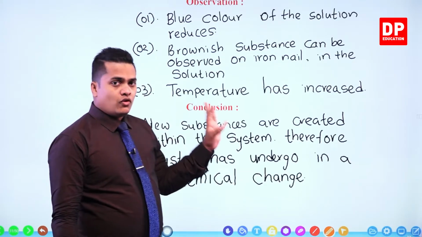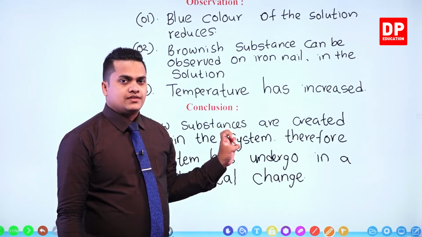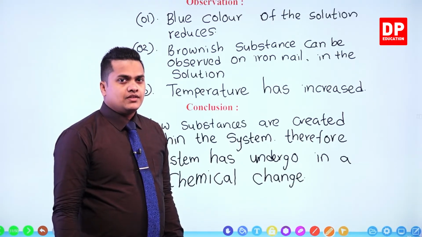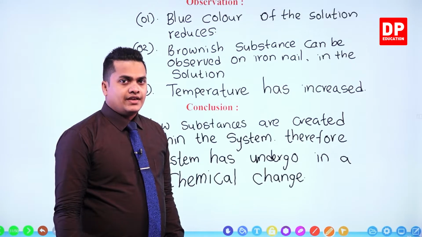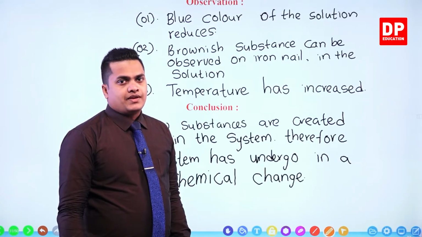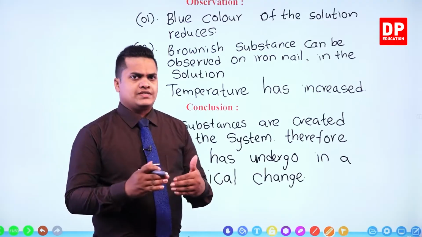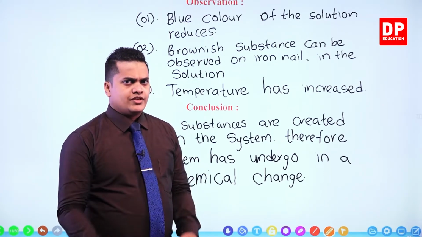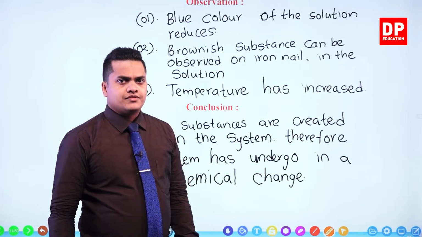If there is a rise or fall in temperature within the system, then there is a chemical change. So these are the three main evidences that we can take from this experiment. So we'll move on to discuss another experiment to discuss the nature of chemical changes.